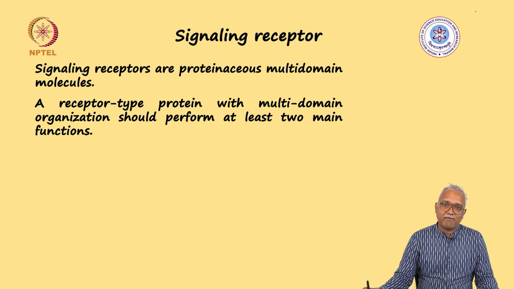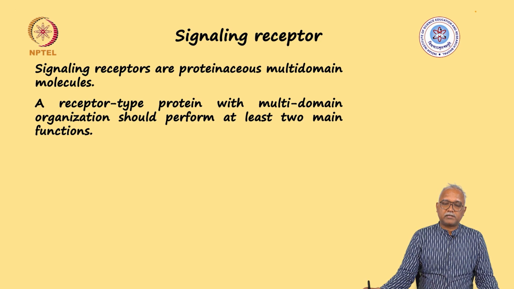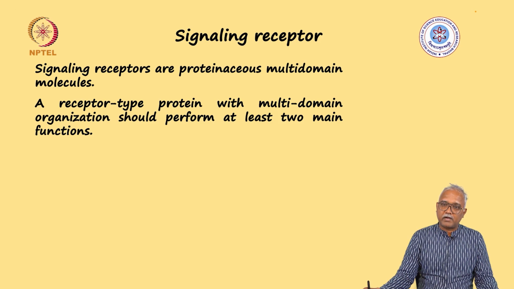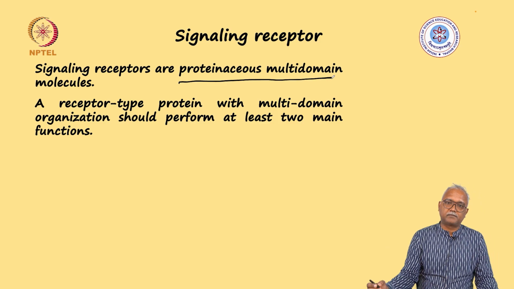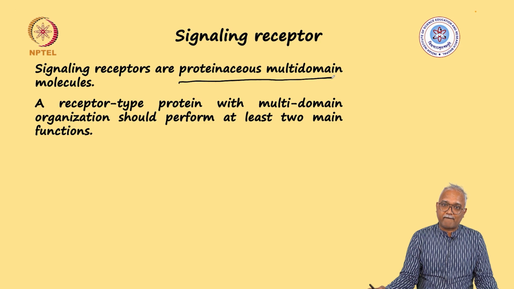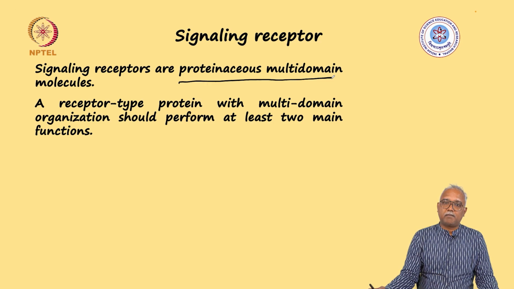So as we have understood, the receptor is present on the receiver cell or a sink where the ligand should bind and culminate in the process of signaling. A signaling receptor more often than not is a proteinaceous multi-domain protein. It has multiple domains, which means they are arranged in a fashion so that the activity desired of the receptor is met.